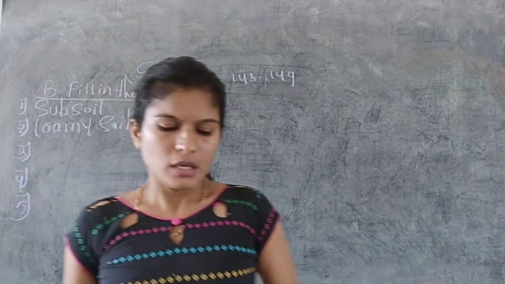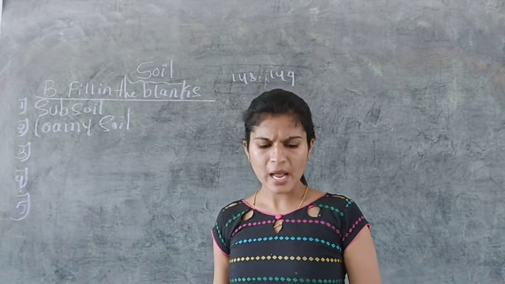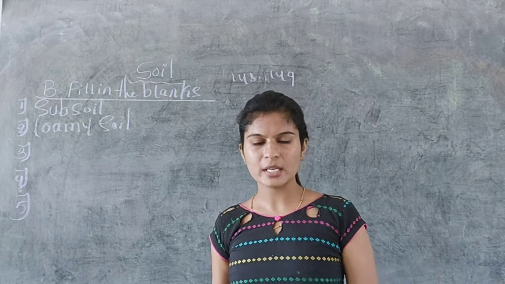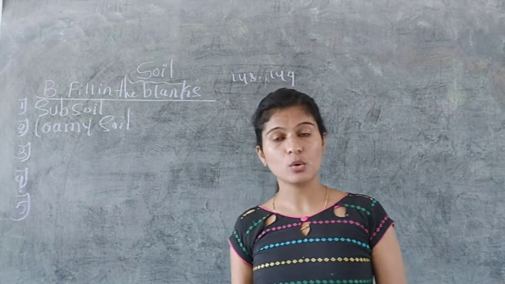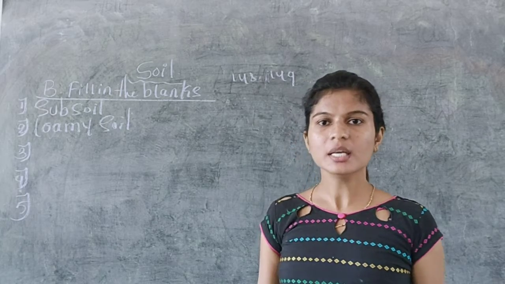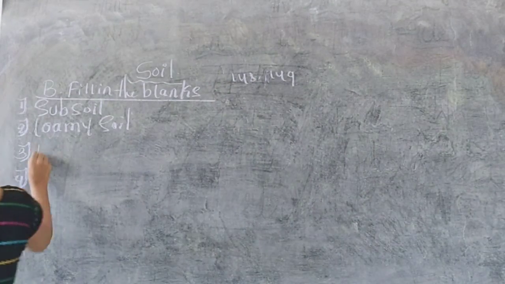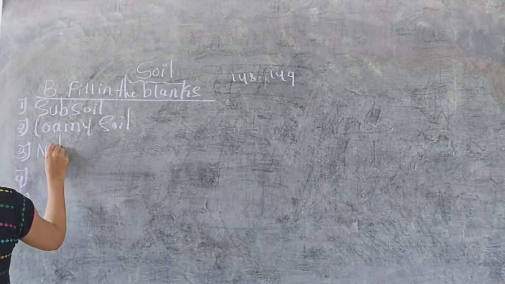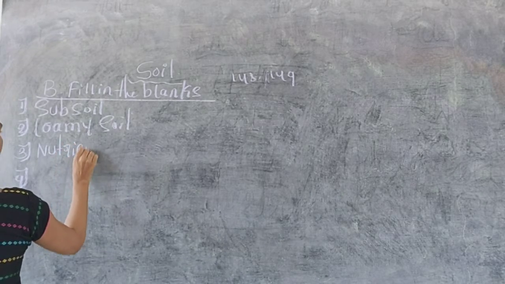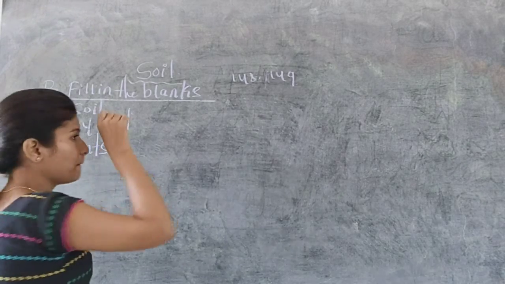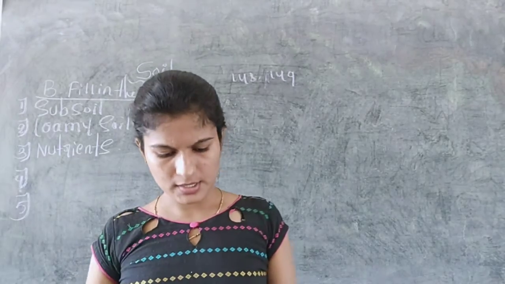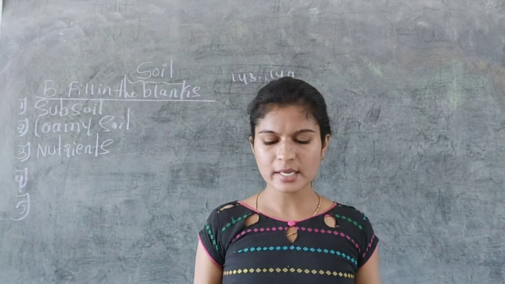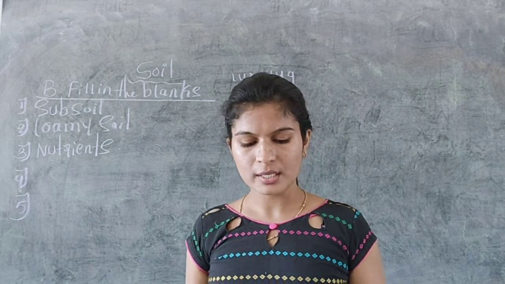Okay. Next one, third one. Plants get dash from the soil. What do plants get from the soil? They get nutrients. Okay. Now fourth one. Sandy soil has dash particles than those of gravel.